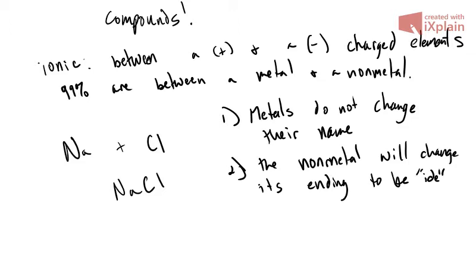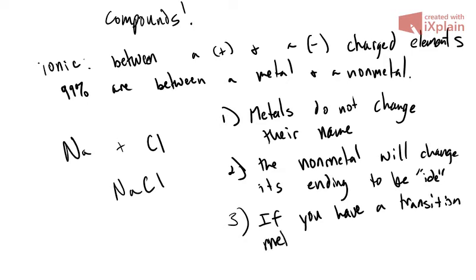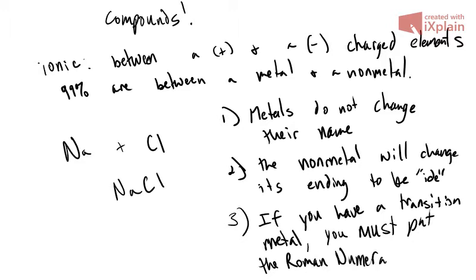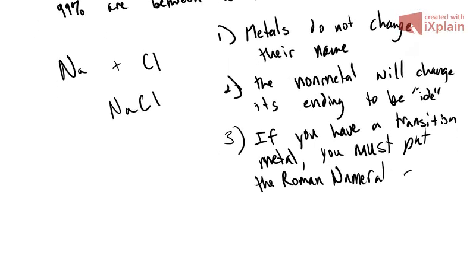Okay, so lastly, rule 3, if you have a transition metal, you must put the Roman numeral saying what charge it has.